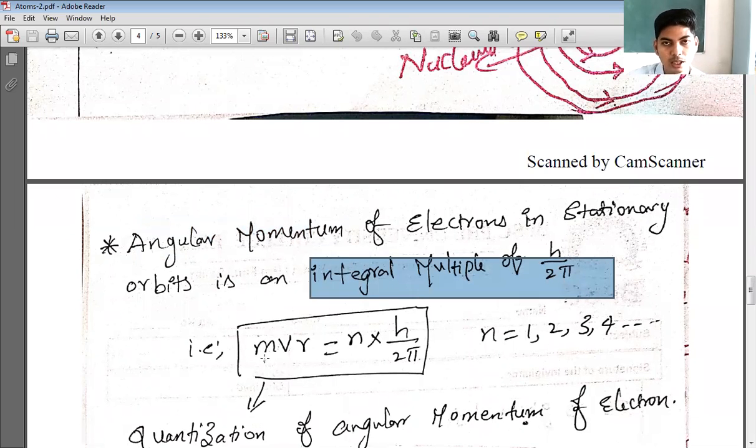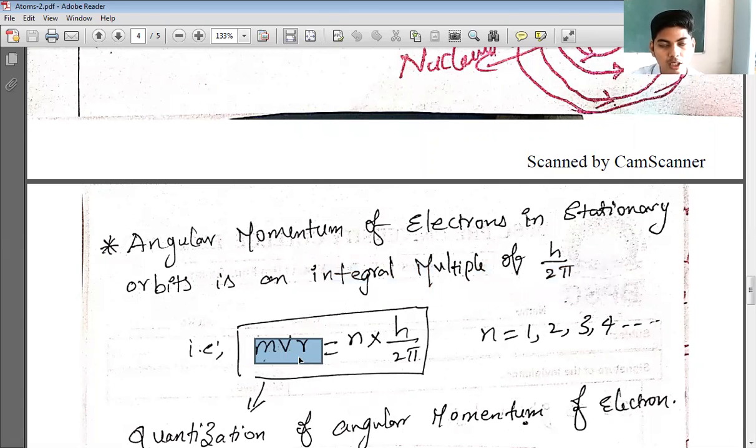Angular momentum is represented by mvr, where m is the mass of the electron, v is the velocity of the electron, and r is the radius of the electron orbit. mvr represents angular momentum. The angular momentum of an electron in a stationary orbit should be n times h by 2π, where n is an integer 1, 2, 3, 4.